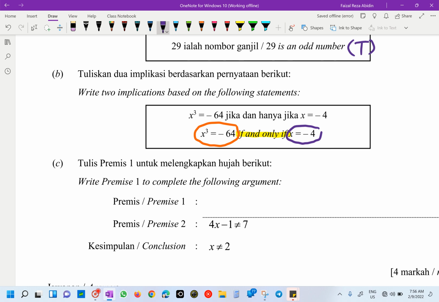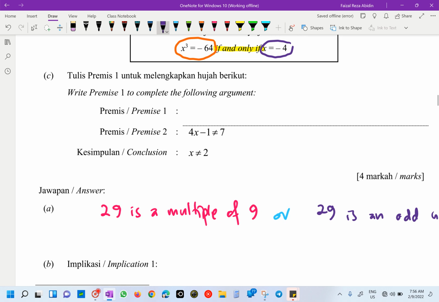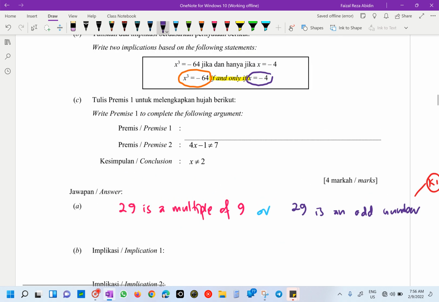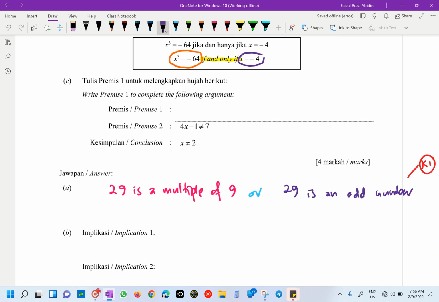So you are going to use if x cubed equals to negative 64, comma. There must be a comma. This one I'm telling you. It's a bit rigid for B. Yes, I made it smaller, sorry. Okay, you are going to write like this.